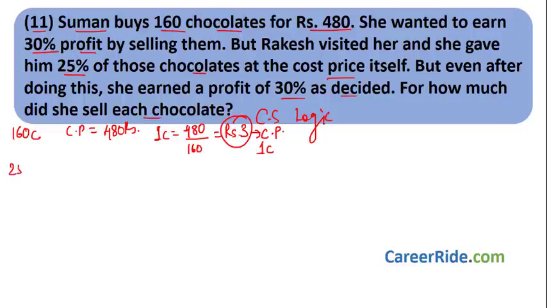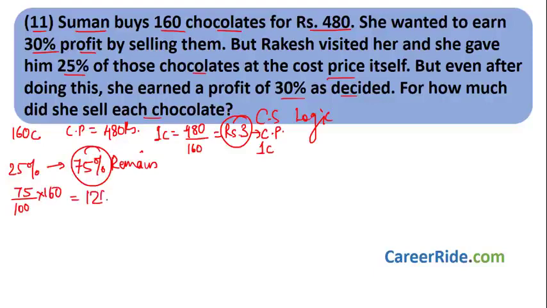So 25% of chocolates are gone at the cost price. So how many remain? 100 minus 25% is 75% remain. 75% of 160, that is 75 upon 100 into 160, gives us 120 chocolates. So 120 chocolates remain with Suman.